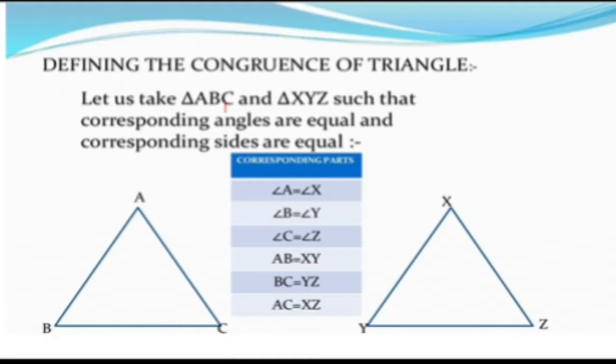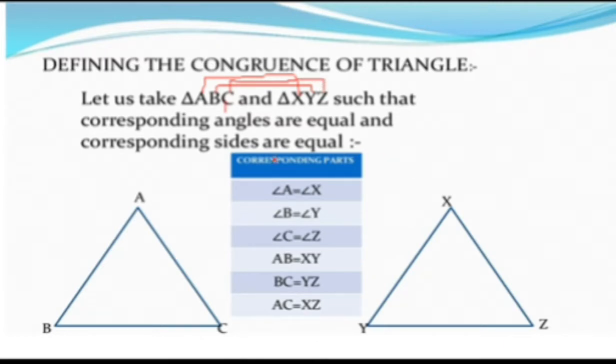Its first angle must be equal to the first angle of the other. That is, angle A must be equal to angle X, angle B will be equal to angle Y, angle C will be equal to angle Z.